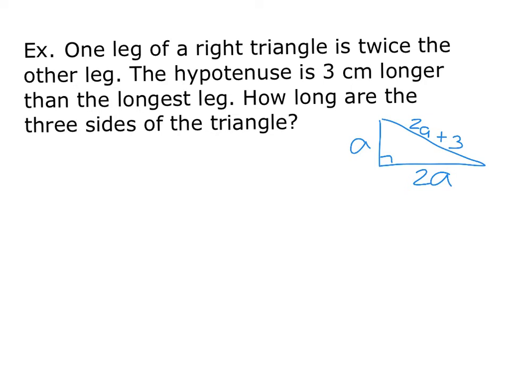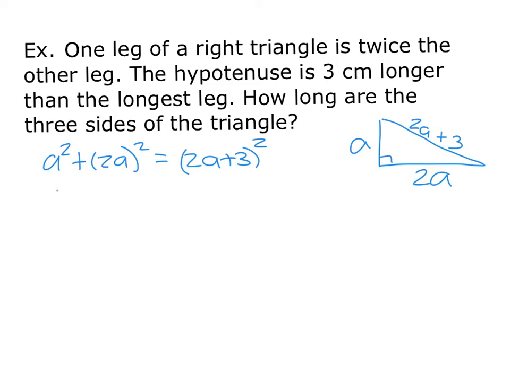Notice they didn't give us anything else, so we need some kind of equation here. The equation we know for a right triangle is the Pythagorean theorem. So a squared plus b squared equals c squared.